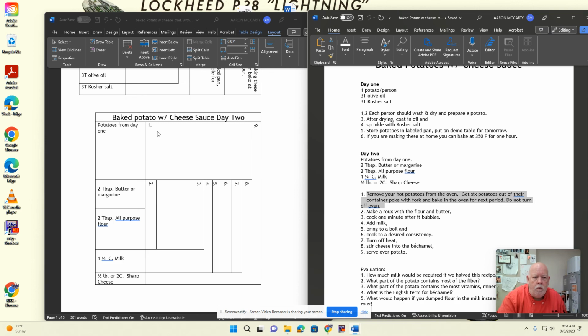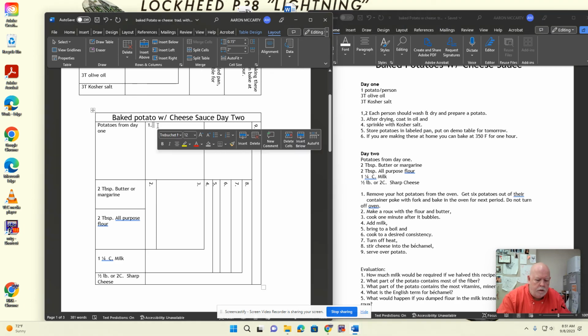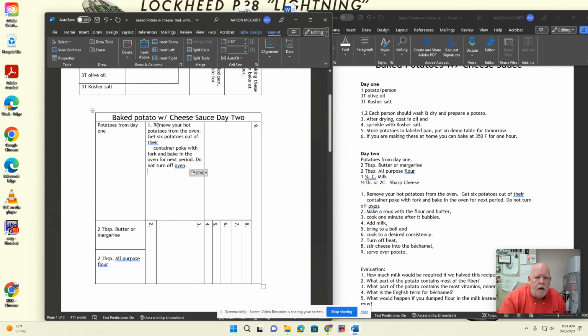All right, step 1 goes right here where the 1 is. Remove your hot potatoes from the oven.